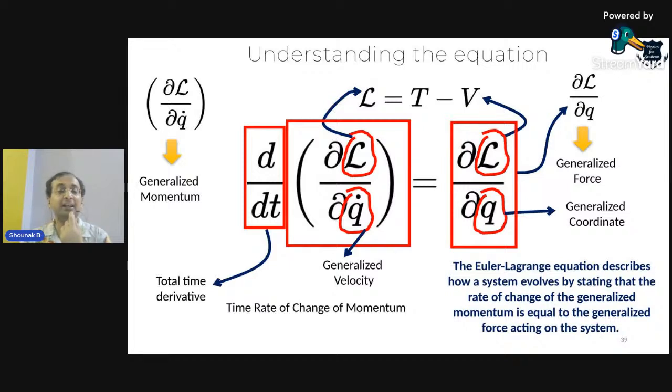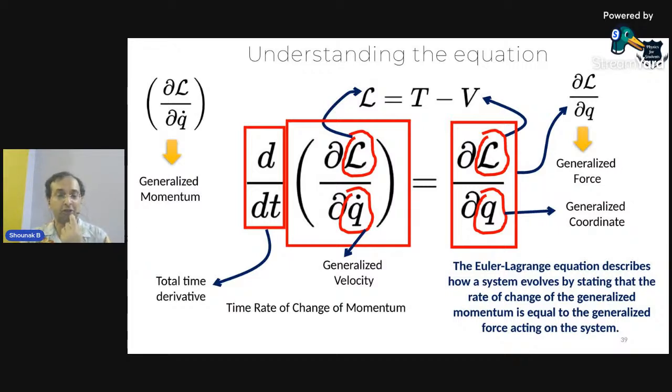q is the generalized coordinate. Again, I will come to that later. For a pendulum, q could be the angle of displacement. So it represents a generalized coordinate, which is a variable to describe any configuration of a system. Partial L by partial q is a generalized force. That means this term is the partial derivative of the Lagrangian with respect to the generalized coordinate.